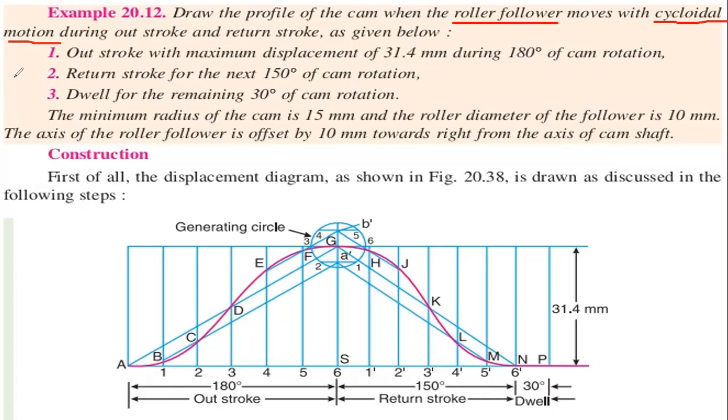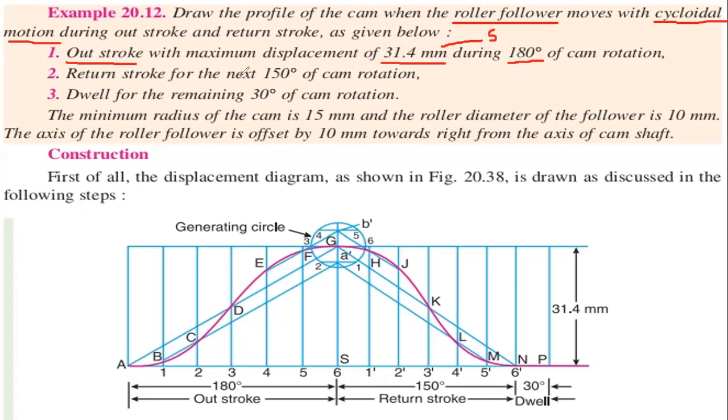The outstroke with the maximum displacement of 31.4 mm during 180 degrees of cam rotation. Here the maximum displacement is taken as the stroke of the follower during 180 degrees of cam rotation.